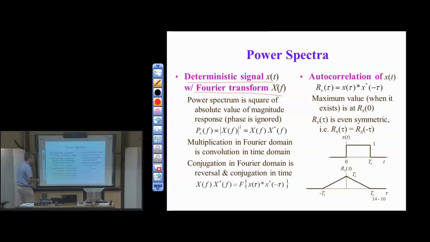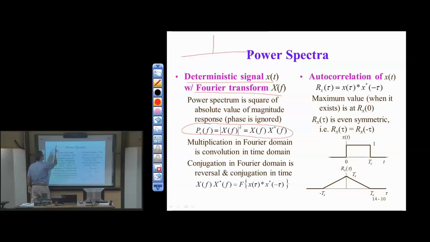So what we've been doing, and this is what plot spec does, except it just does the absolute value, the magnitude. If we want the power spectrum, then what we want is the absolute value of the Fourier transform squared. This gives us a plot in the Fourier domain of the magnitude squared.